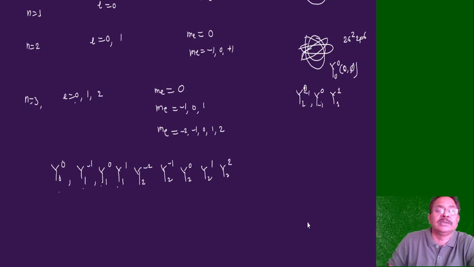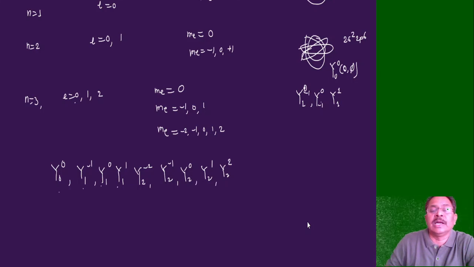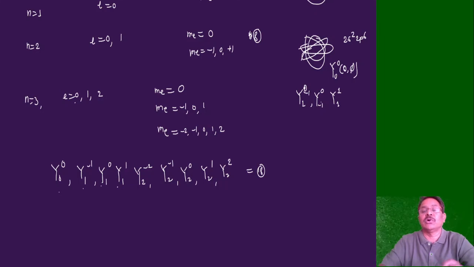So this is 1, 2, 3, 4, 5, 6, 7, 8 and 9 orbitals, and therefore this contains a total number of electrons of 18. The previous shell contains a total of 8 electrons, and the earlier one contains 2, and that's how we can draw all these orbitals.